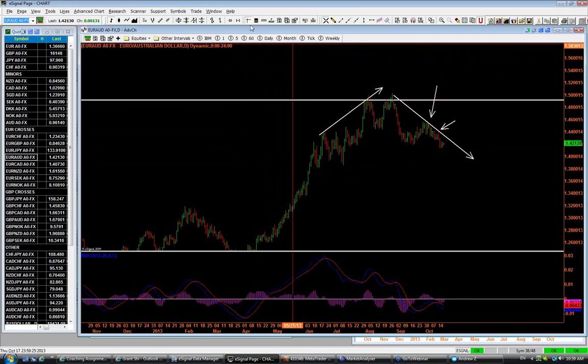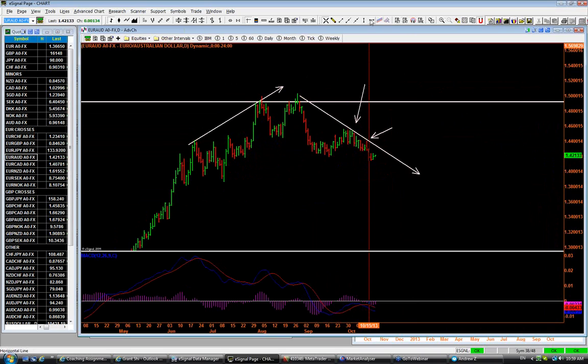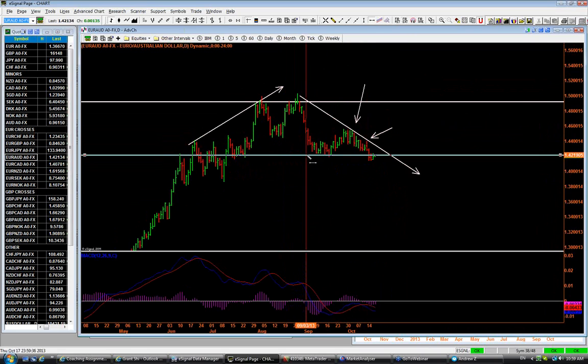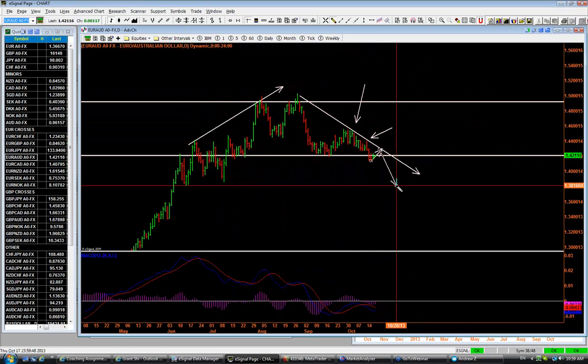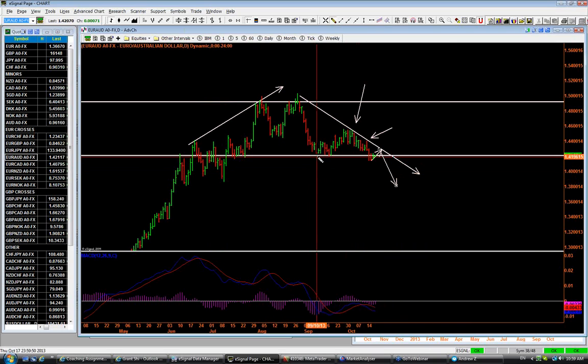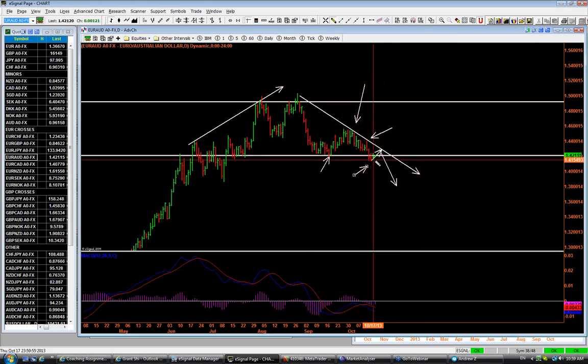Okay, Euro Aussie. Horizontal. Okay, big divergence. Big divergence. I just want to wait for the pullback, maybe short again. It made a lower low already and broke out the support. Just wait for the pullback.